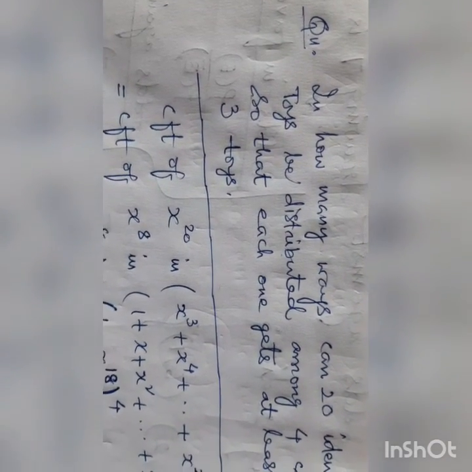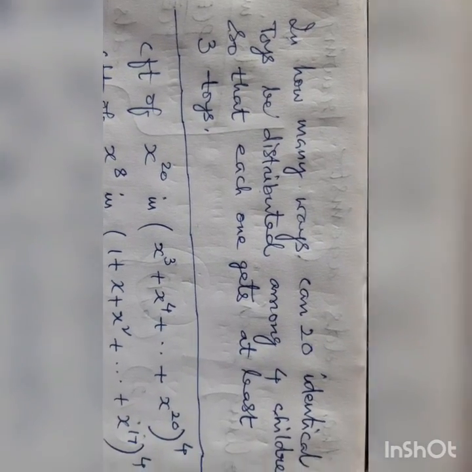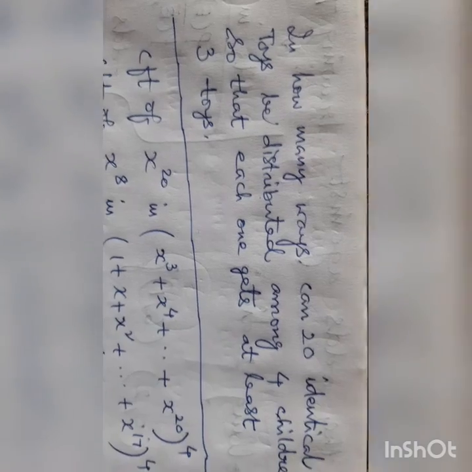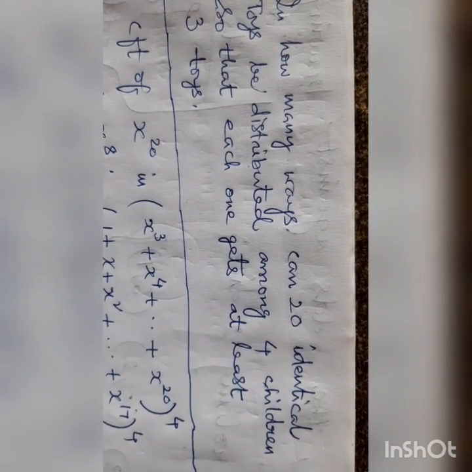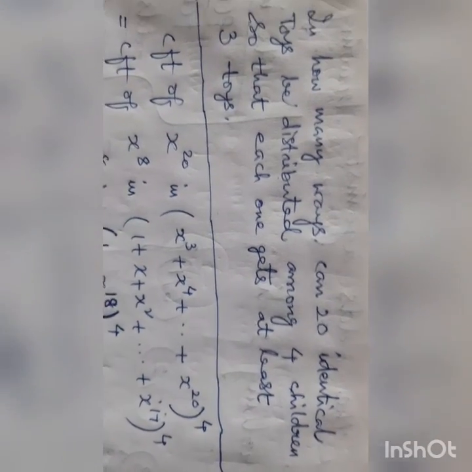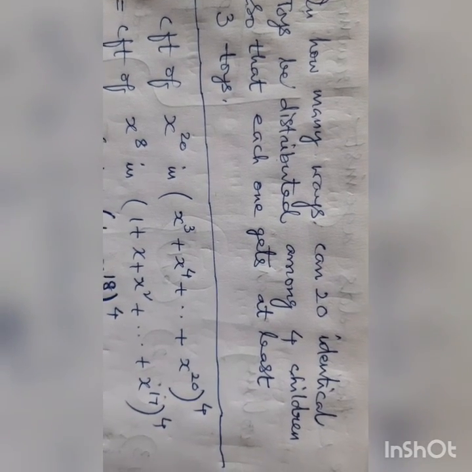In how many ways, same question, can 20 identical toys, mangoes I told, now 20 identical toys, both are same now, be distributed among 4 children so that each one gets at least 3 toys.